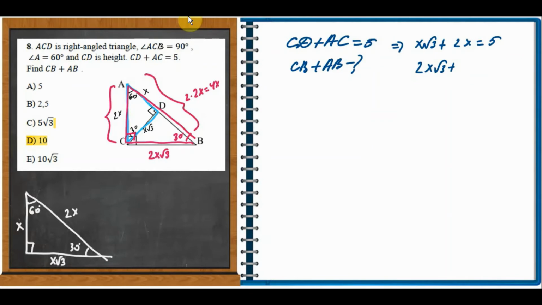AB is 4x. In order to find it, let's factorize. Take 2 out, x square root of 3 plus 2x. And we know that this and this are the same expression. So we will write 2 times 5, which is 10. The correct answer for 8 is 10.